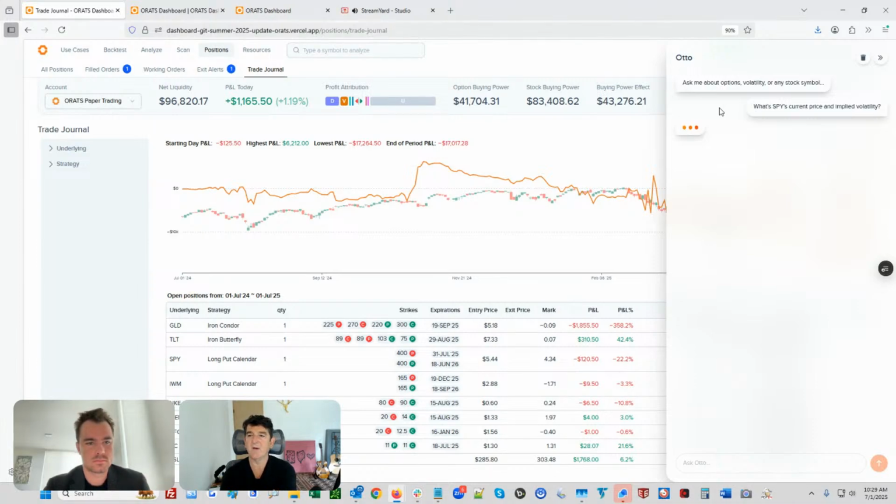But now Auto has been trained to go into our data and research much deeper questions on implied volatility levels and current price levels and all that. So there's a lot that Auto can do right now to give you more insights into what ORATS data has.